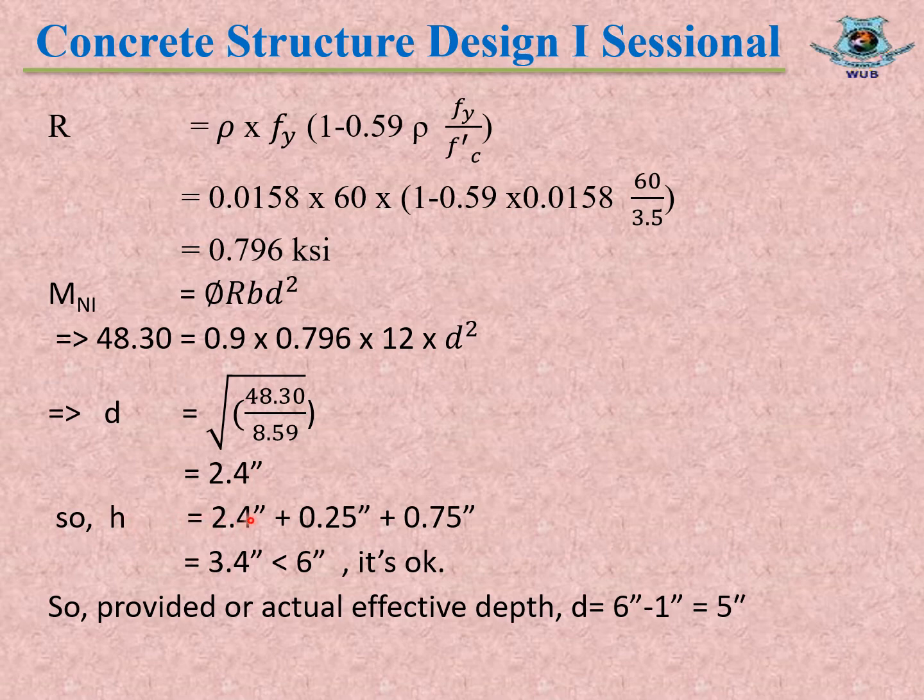h equal to 2.4 inch plus 0.25 inch plus 0.75 inch. Here 2.4 inch equal to effective depth. 0.25 inch equal to diameter of number 4 bar divided by 2. And 0.75 inch equal to 3/4 inch or clear cover.